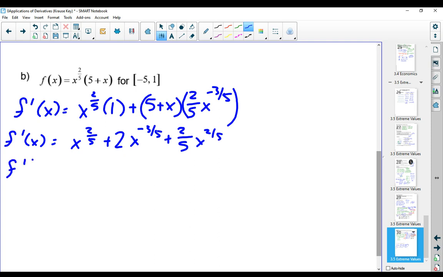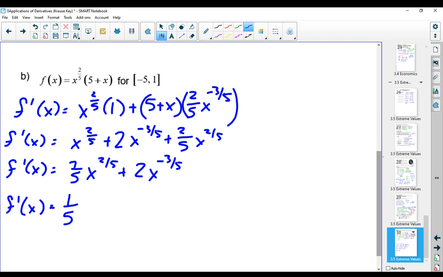Keep simplifying. x to the 2/5 plus 2/5 x to the 2/5 is actually 7/5 x to the 2/5 plus 2x to the -3/5. So we need to factor out a fraction here. Remember that 7/5 is the same as 1/5 times 7. So we're going to factor out a 1/5. And we're going to factor out x to the -3/5. And that's going to leave me with 7x plus 10.